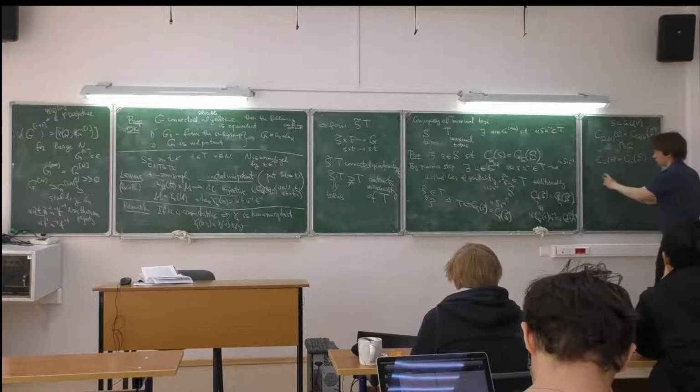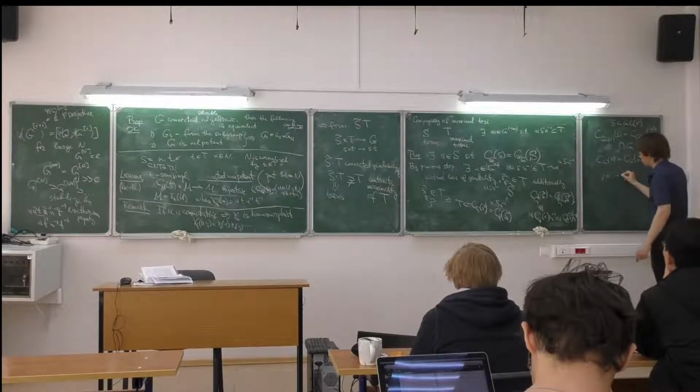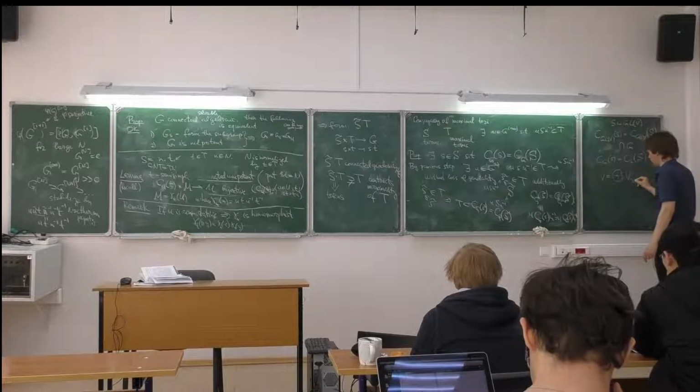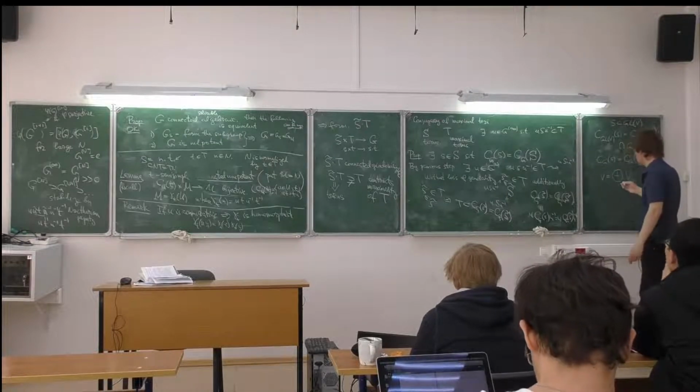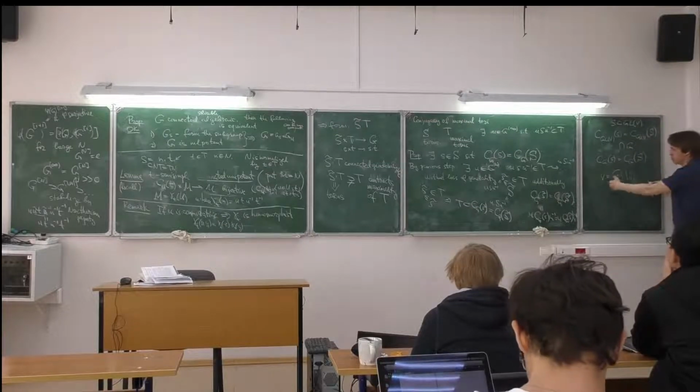So V was decomposed into the direct sum of the characters of the torus, so V was diagonalized.